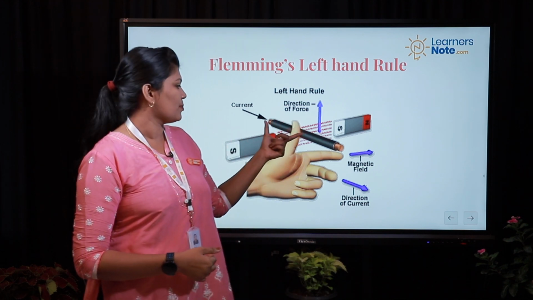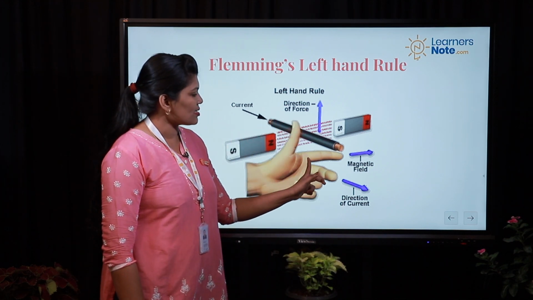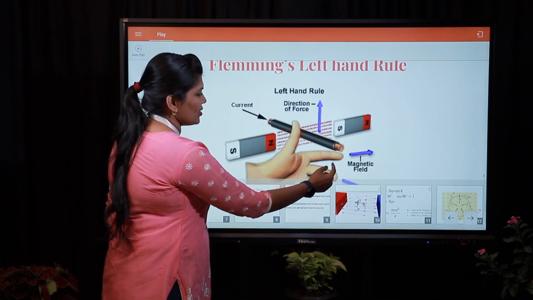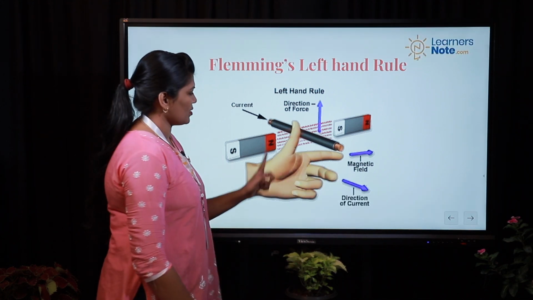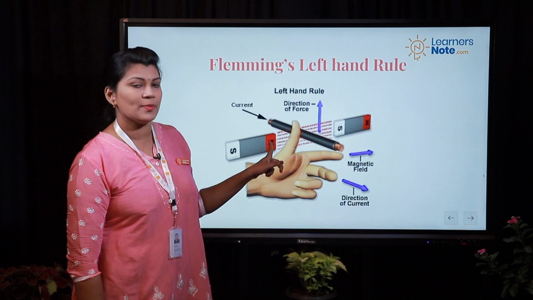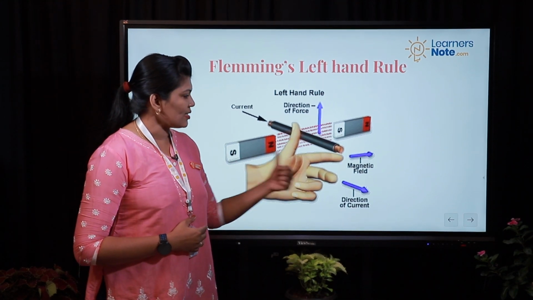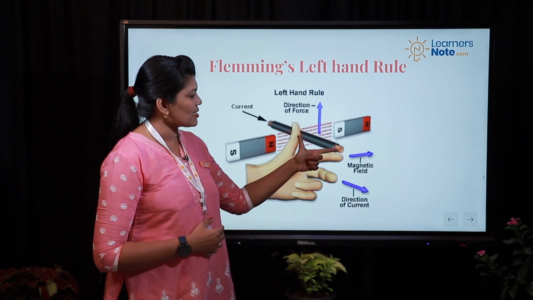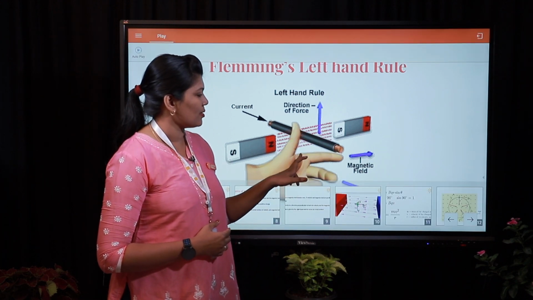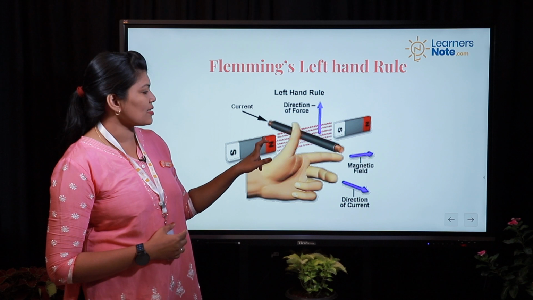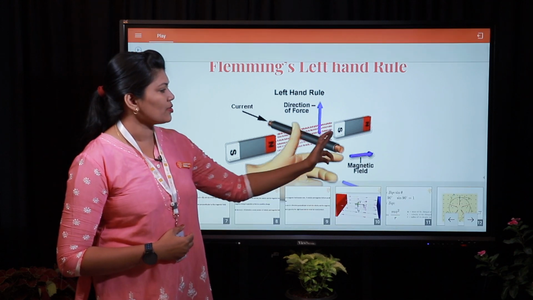That is shown here. The index finger is directed along the magnetic field, that is, the magnetic field is directed from the north pole to the south pole.